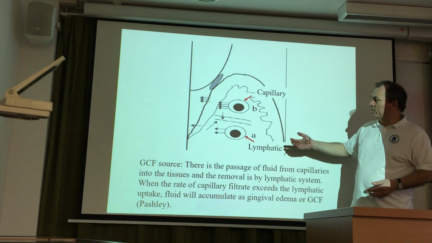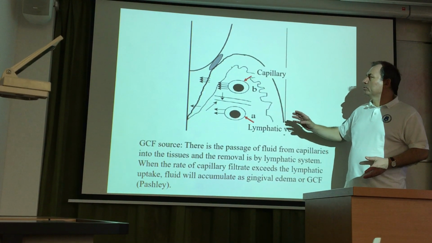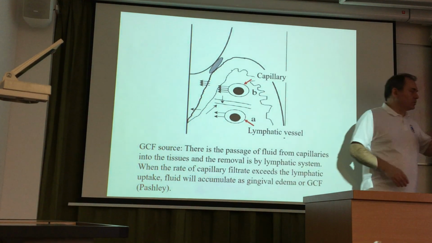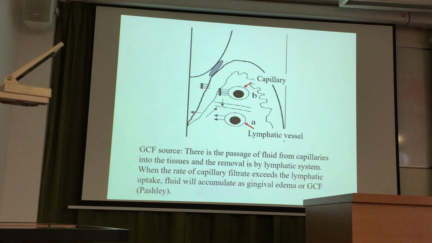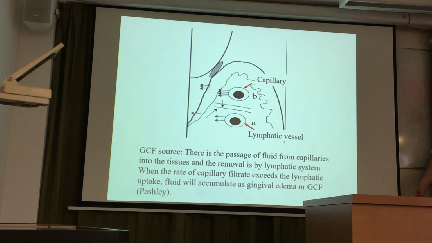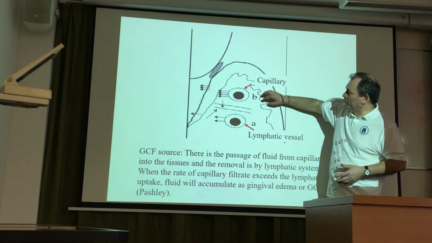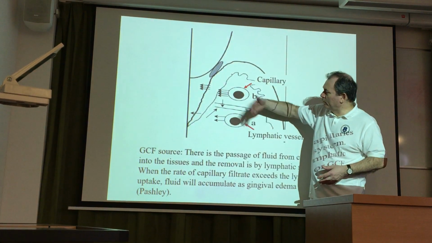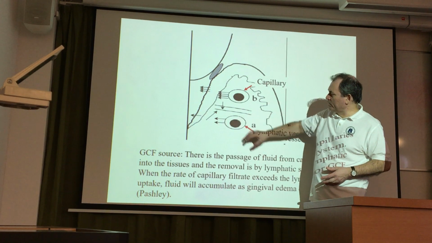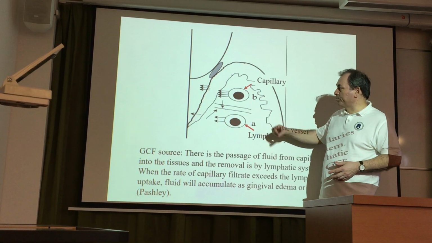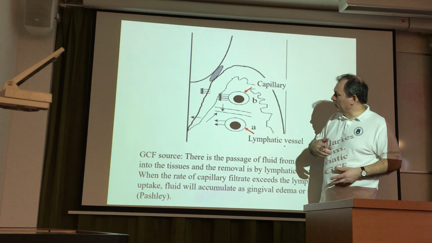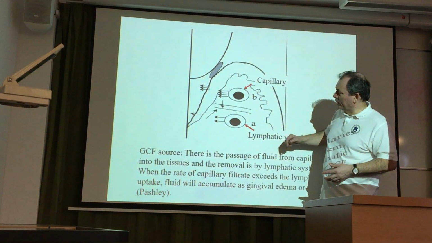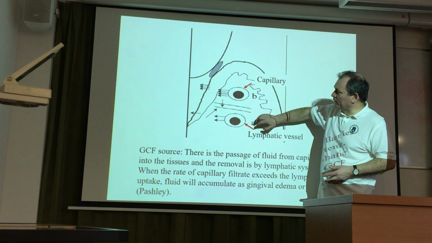So it is an exudate, and in a normal situation the lymphatic vessels will transfer the produced fluid. So we have fluid extravasation from the vessels, but this part of the fluid is transferred by the lymphatic vessels of the connective tissue.